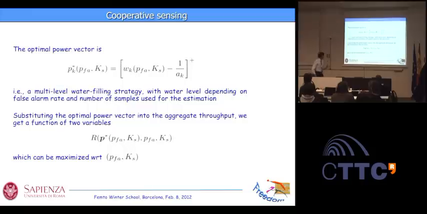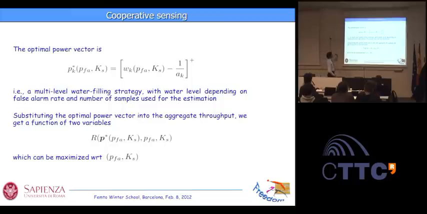So I do the following. I assume to know the false alarm probability and Ks, and I find the optimal solution. And the solution is like this. You see, I think that this expression looks nice. Why? Because it is the usual water filling solution that we might encounter in all problems like this.